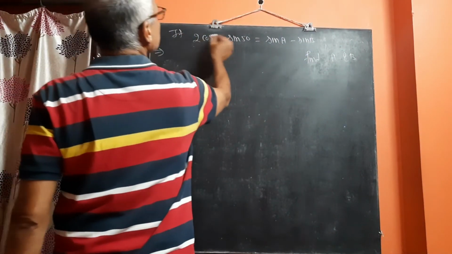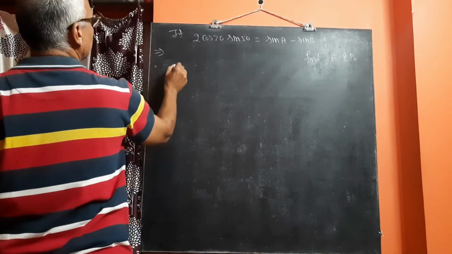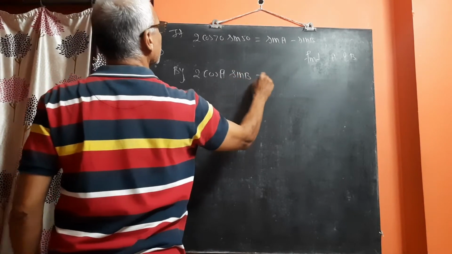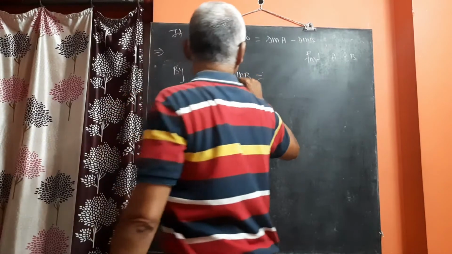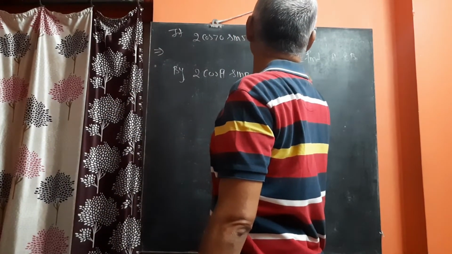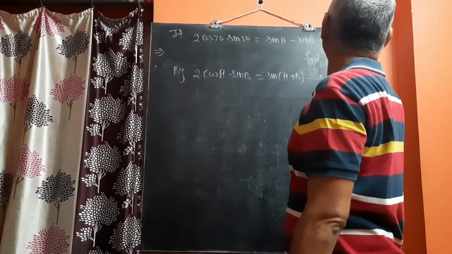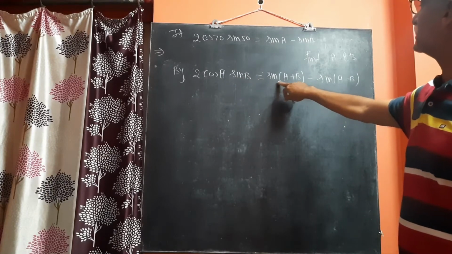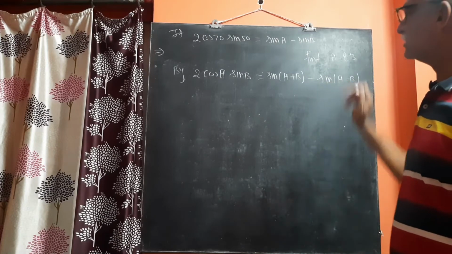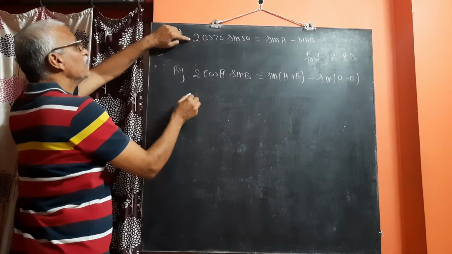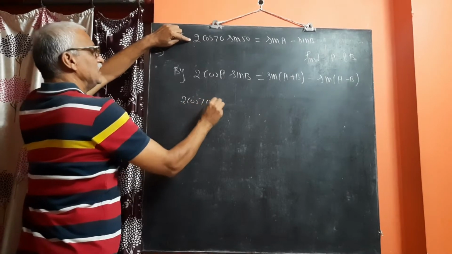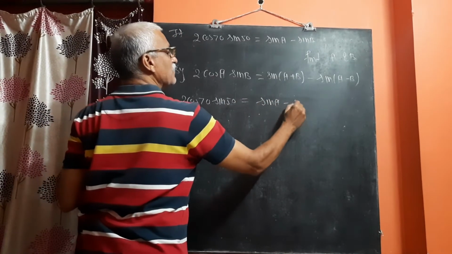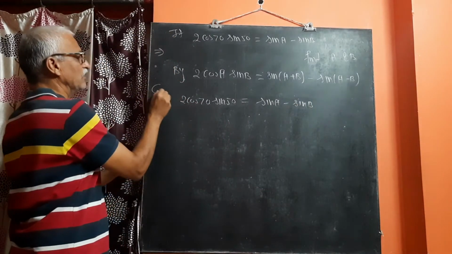Here 2 cos 70 into sin 50 means 2 cos A into sin B. The multiplication of cos and sin will be the subtraction of sin, so that will be sin of A plus B minus sin of A minus B. So 2 cos A sin B is equal to sin of A plus B minus sin of A minus B. Consider the given term: 2 cos 70 into sin 50 is equal to sin A minus sin B. This is given.